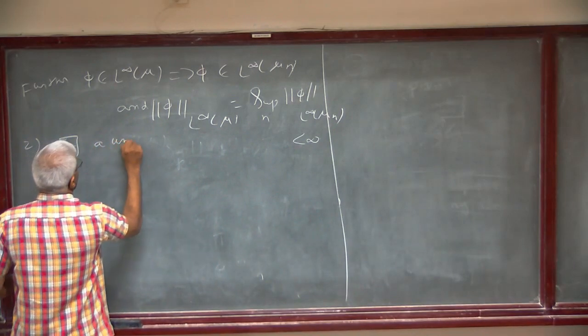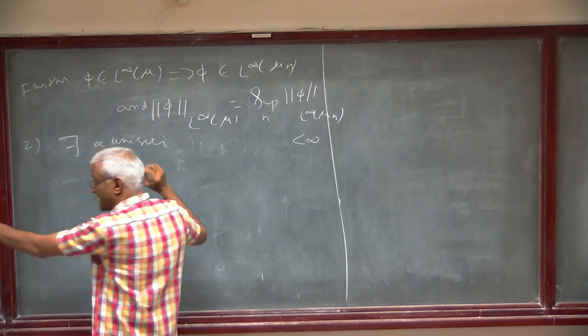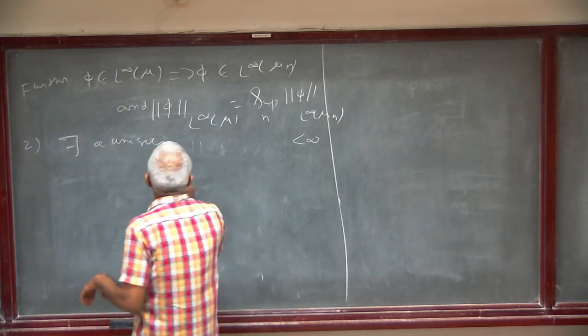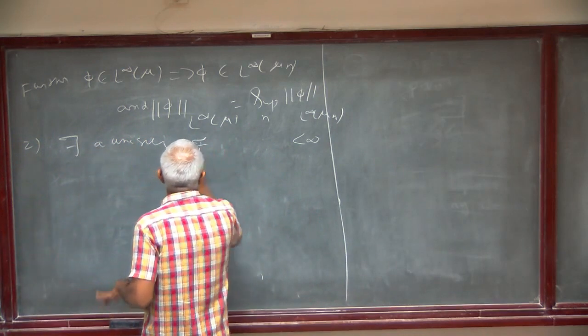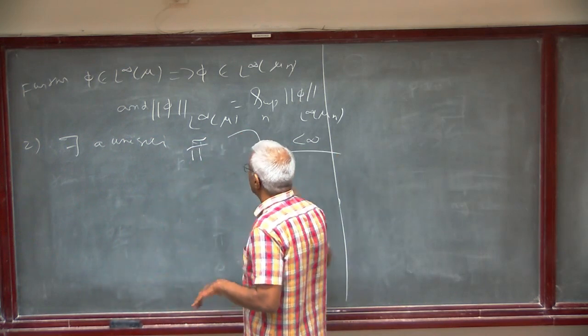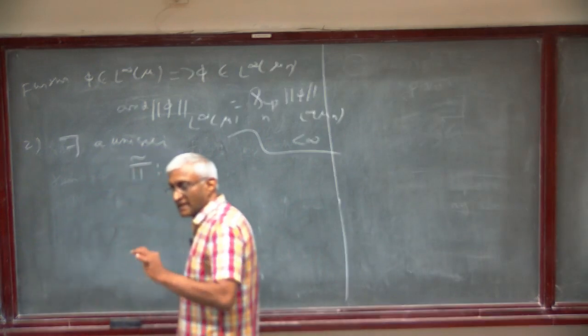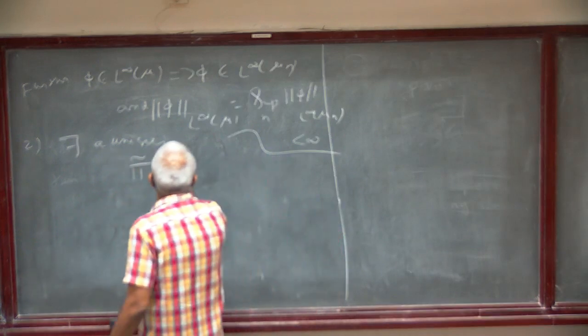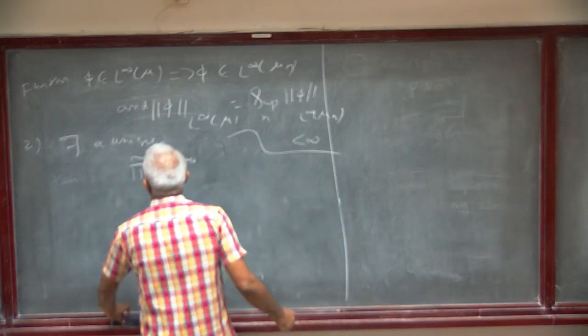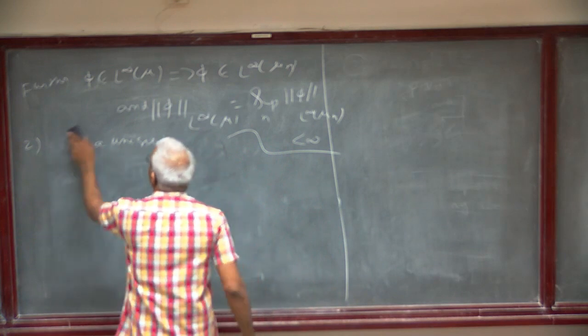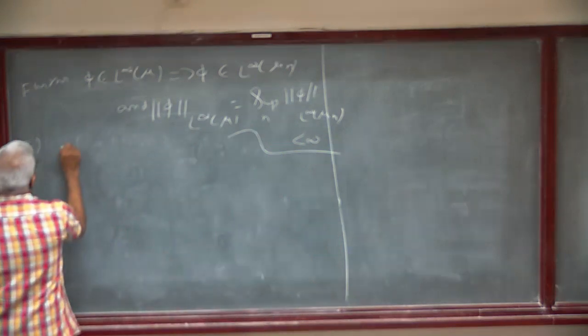If you take pi tilde, there exists a pi tilde, unique. There exists a measure also.